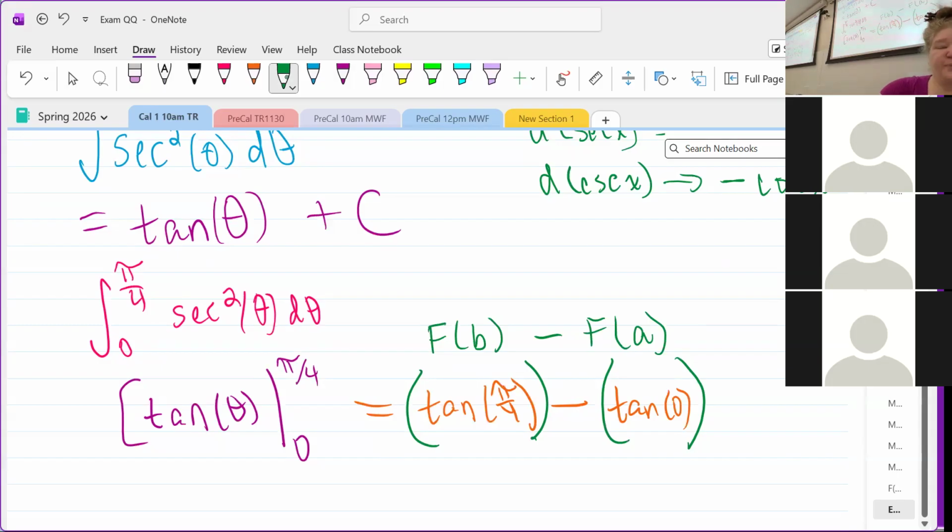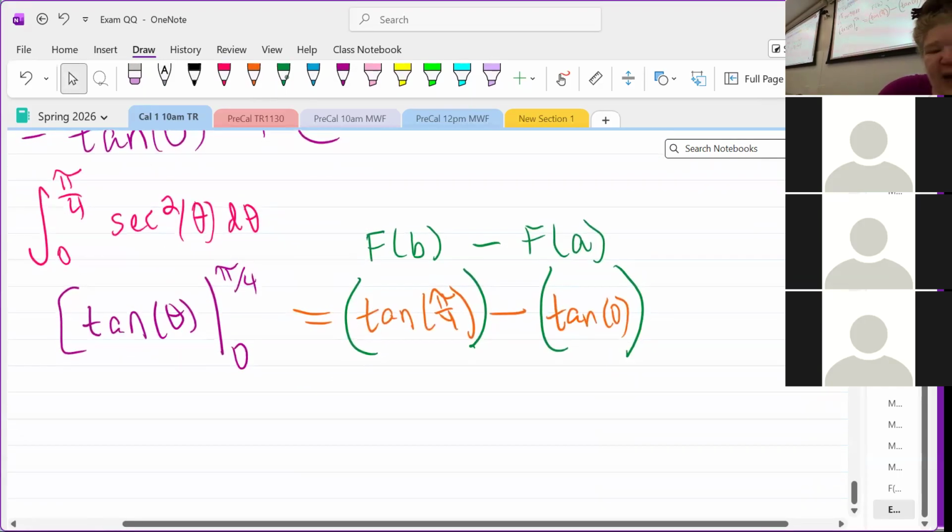Now I put extra parentheses because if your antiderivative formula has any pluses or minuses in there, you're going to need these parentheses. This guy was just a single function formula, so if we forget those green parentheses, it's not going to change our value. But if we had a polynomial, those parentheses make a big difference.